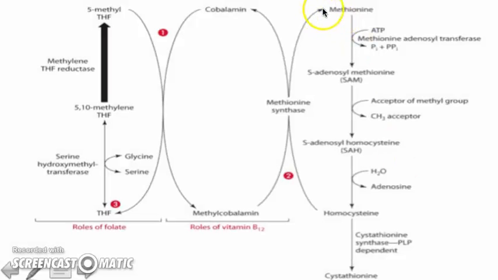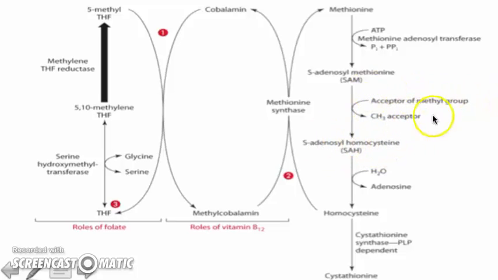Lastly, what is needed is the conversion of methionine back to homocysteine. So there's a series of steps involved in this process, but the key step to keep in mind is this step here where we see the S-adenosyl methionine converted to the S-adenosyl homocysteine, because it's in this step that the S-adenosyl methionine will donate its methyl group to this methyl group acceptor, and then we have conversion to the S-adenosyl homocysteine, which no longer contains the methyl group.